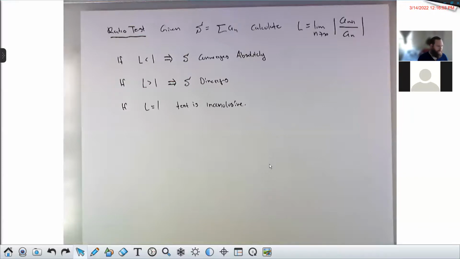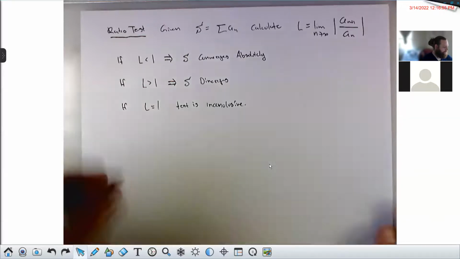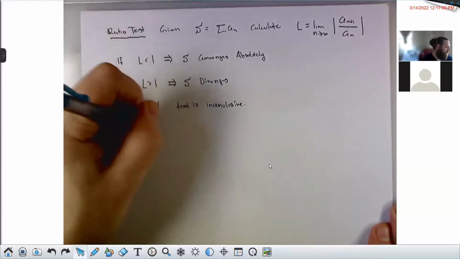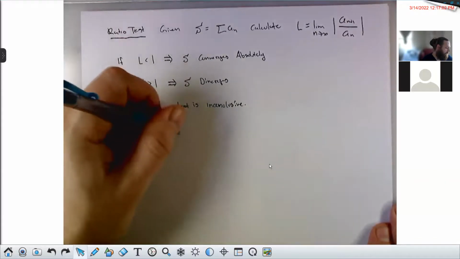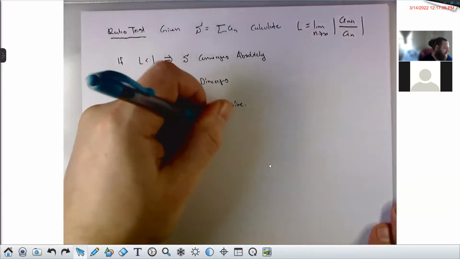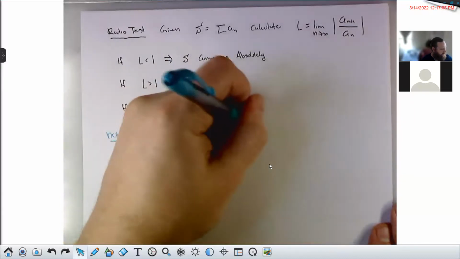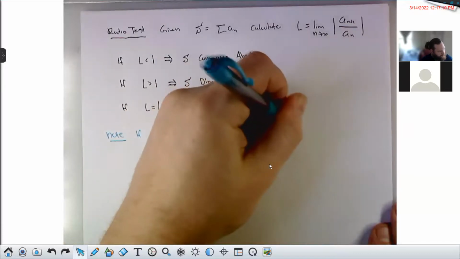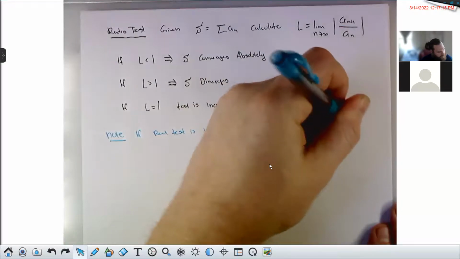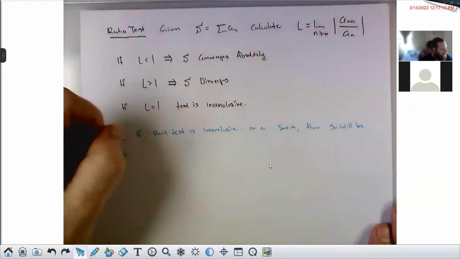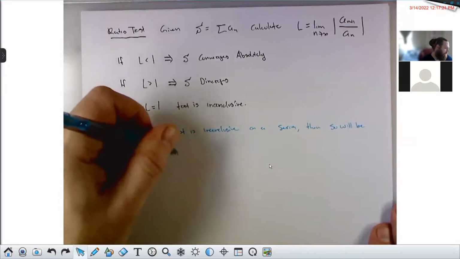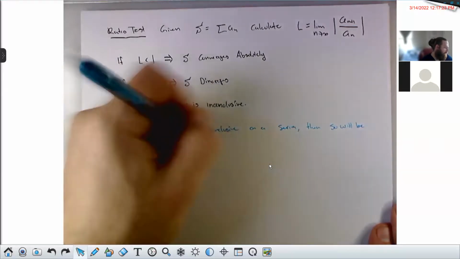I do want to make one note here, and that is if the root test is inconclusive on a series, then so will be the ratio test, and vice versa.